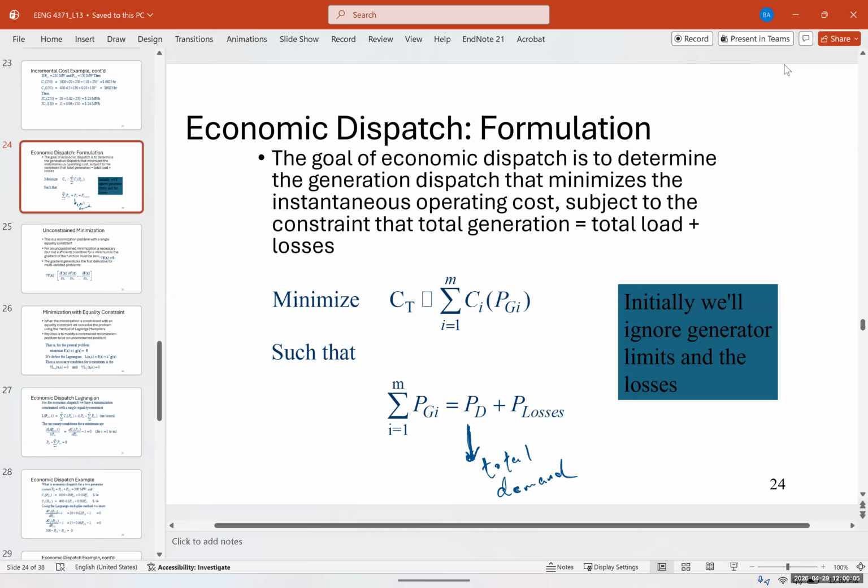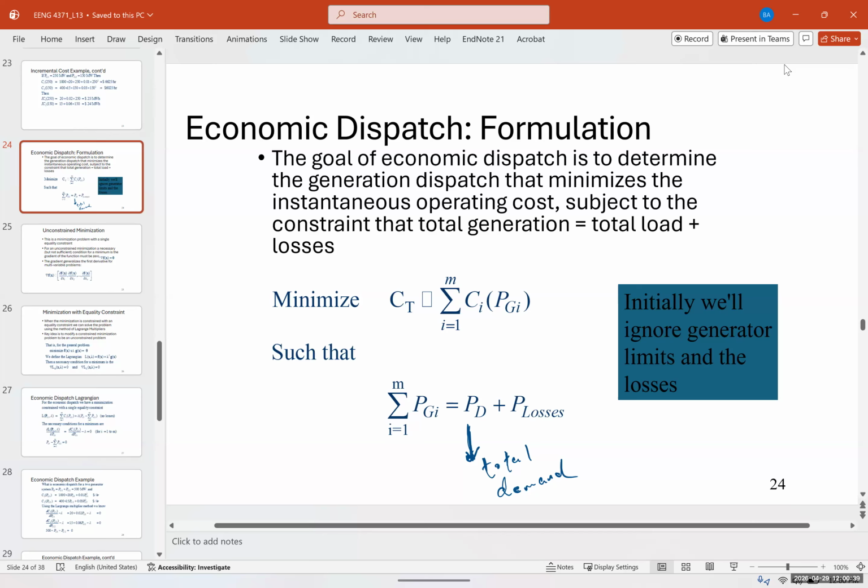Now, the first thing that we want to do is ignore all the transmission losses. This is what we call the lossless or copper plate assumption. We assume all generators and all loads are connected at a single bus with no losses. That's the reason we didn't put transmission losses here. Second, we will initially ignore the generators' megawatt limits, the minimal and maximal output constraints.